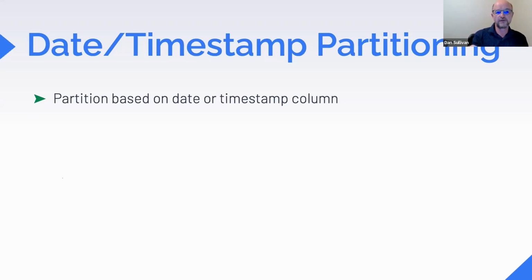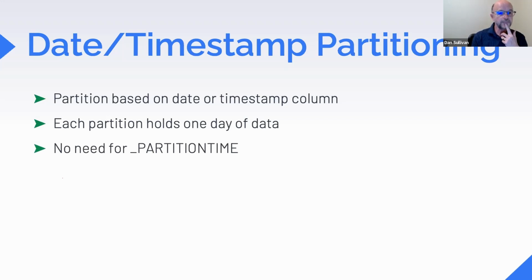Was it sitting in Pub/Sub for a little while before we finally got to it and it was ingested? For cases like that, where you want to work based on event time, you can use the date timestamp partitioning. Because we're using one of the columns in the data set, we don't need a pseudo column like _PARTITIONTIME.